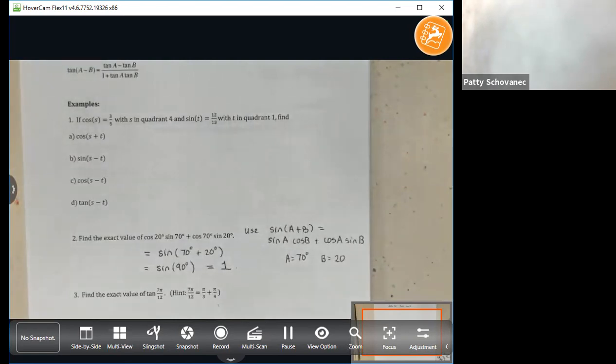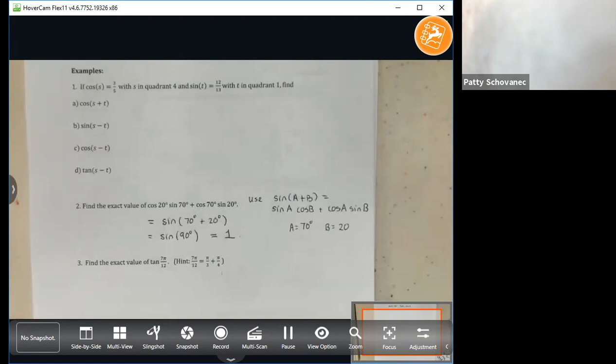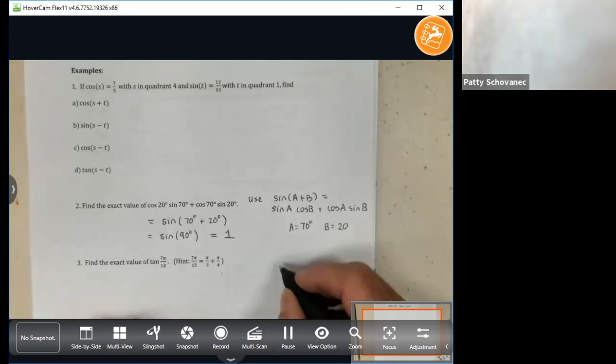All right, we may have done number 3 before, but what the heck, it's written down there. Let's do number 3. Find the exact value of the tangent of 7 pi over 12 using the hint that the angles pi over 3 plus pi over 4 add to 7 pi over 12. Because if I get a common denominator, pi over 3 is 4 pi over 12, and pi over 4 is 3 pi over 12.